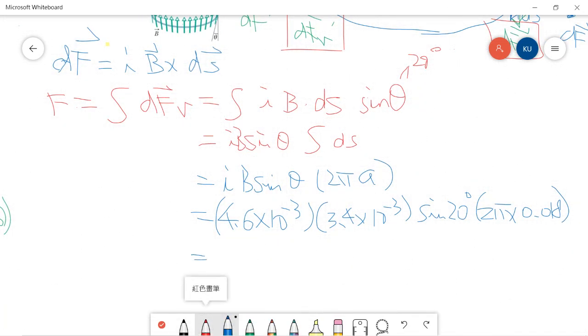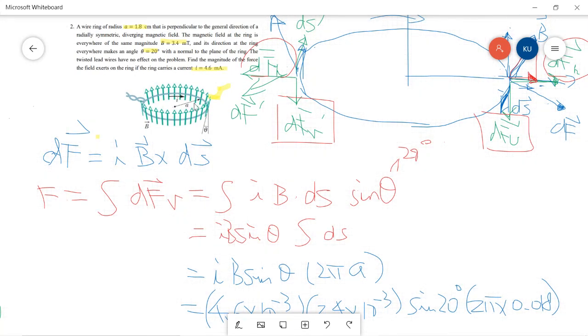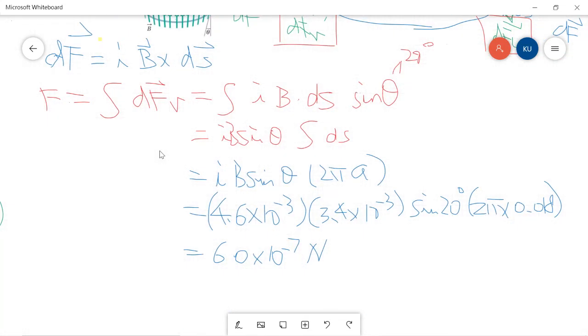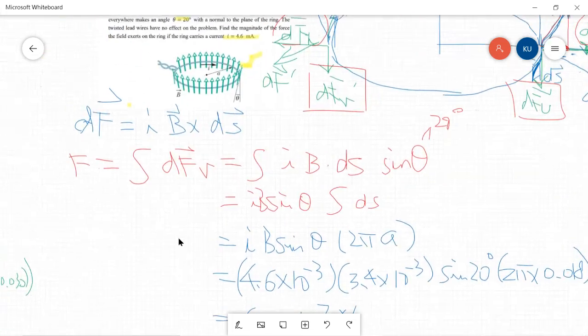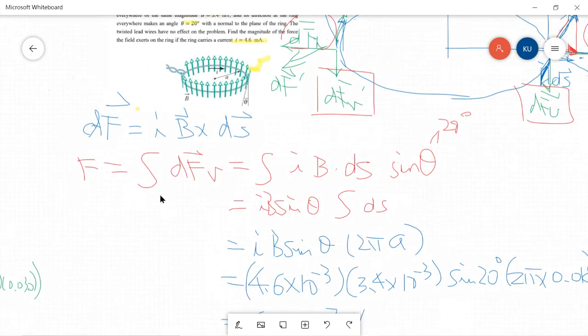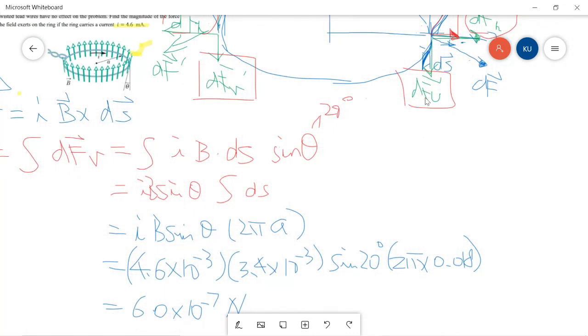So finally, the answer will be 6.0 times 10 to minus 7 Newton for the magnitude of the force exerted. And although it is not in the question, this force should point downward.